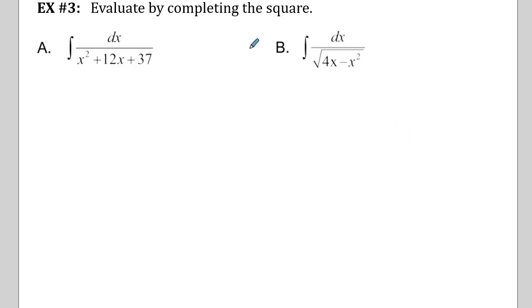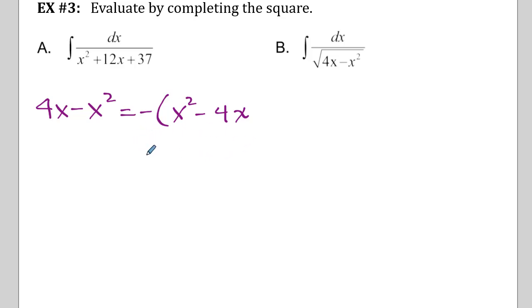We've got a negative 1 there, so let's fix that. We've got 4x minus x squared, and I'm going to rewrite it as negative x squared minus 4x. I've just factored out the negative.